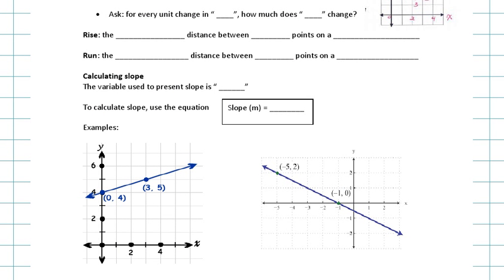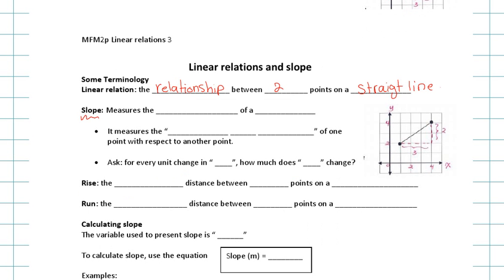Now, a slope, these are words that you need to get used to. Slope is the measure of the steepness of a straight line. Think about roads.